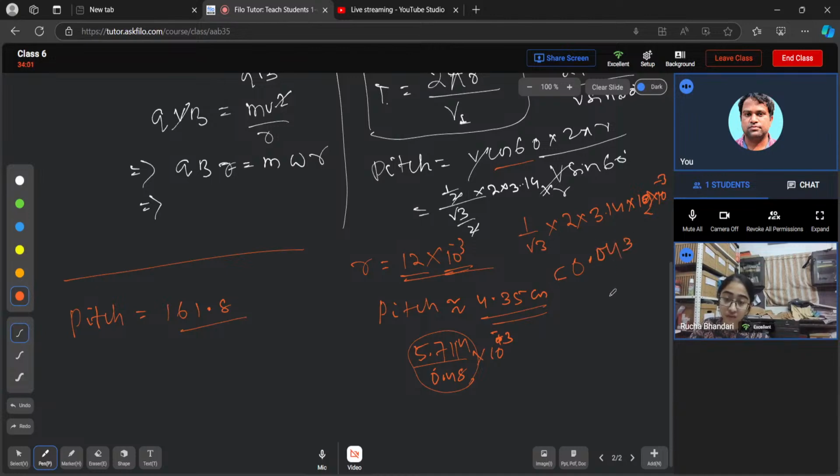0.043 meter, multiplied by 10 to the power minus 3. So the final answer is 0.043 meter. Now I can write it in centimeter, it will be 4.3 into 10 raised to power minus 3.